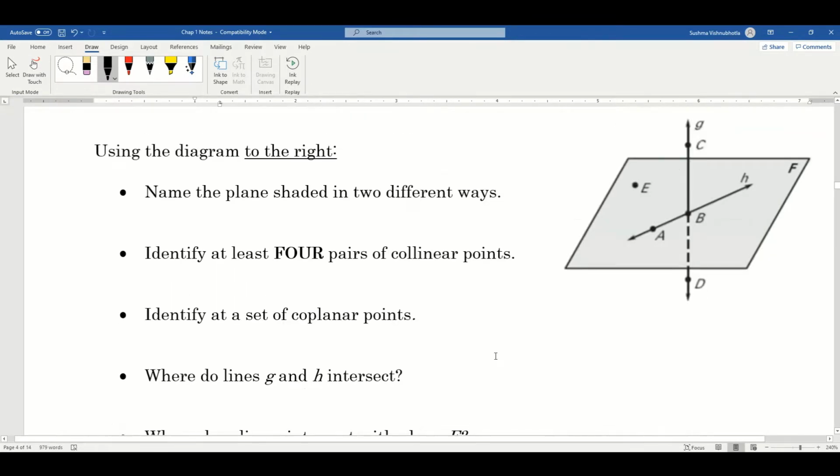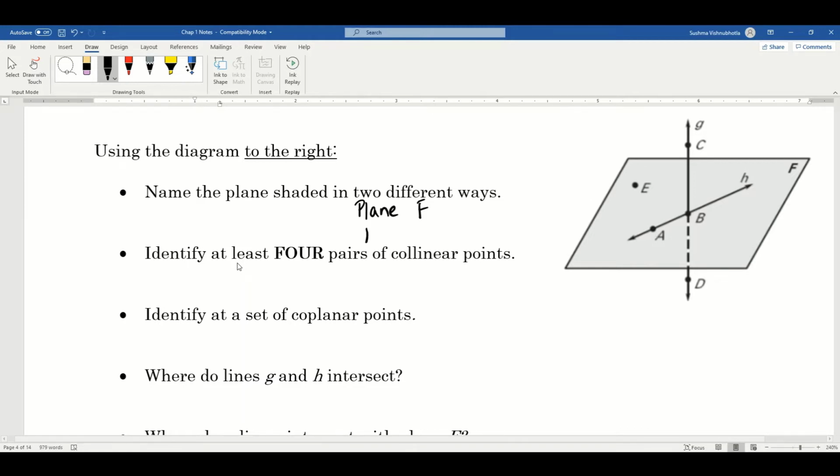Now we're going to use this diagram on the right. Name the plane shaded in 2 different ways. So the plane, remember, is the flat surface. So one way I can name this plane is calling it plane F. Another way is, remember, I can use any 3 points that are on the plane. So that takes away, I can't use point C or point D when I'm naming this plane because they're actually off the plane.